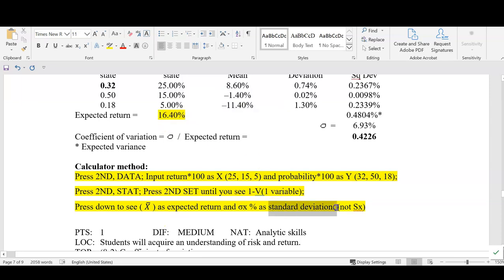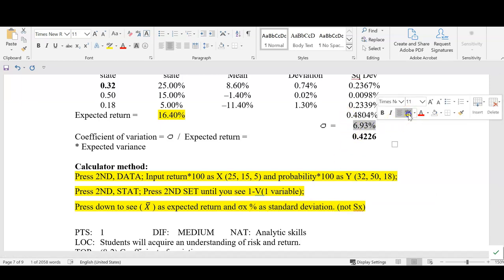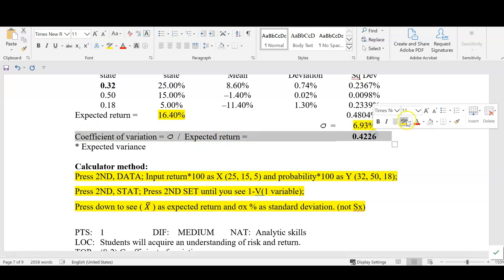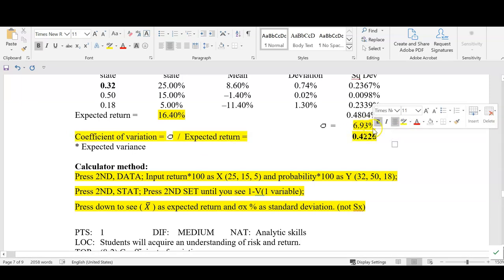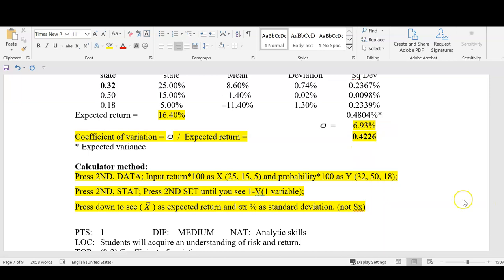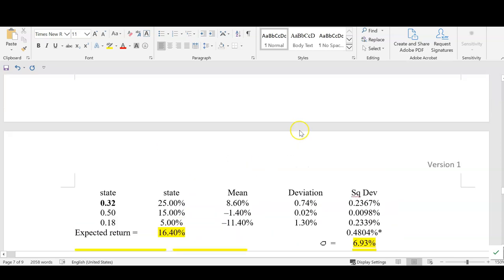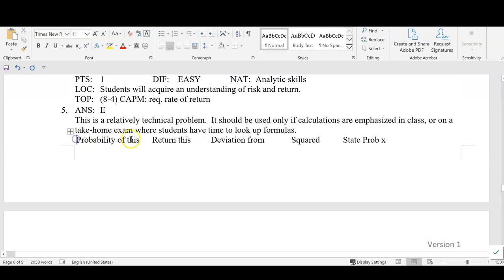For standard deviation, we would see 6.93, and again we need to add the percentage sign back. So our CV becomes 6.93% divided by 16.4%, which is 0.42. If you want to use the formula, this table shows us the formula for this.